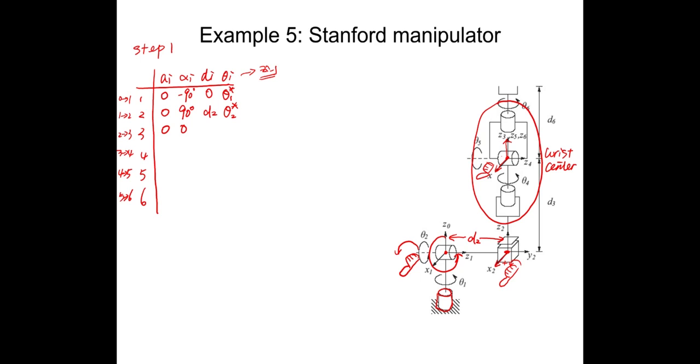And theta_i means the rotation from x2 to x3 along the z2 axis. And this is a prismatic joint. So it means that d3 is my joint variable. So here I need to have my d3, and this d3 is changing. This d3 could be a real length plus the prismatic motion of this prismatic actuator.